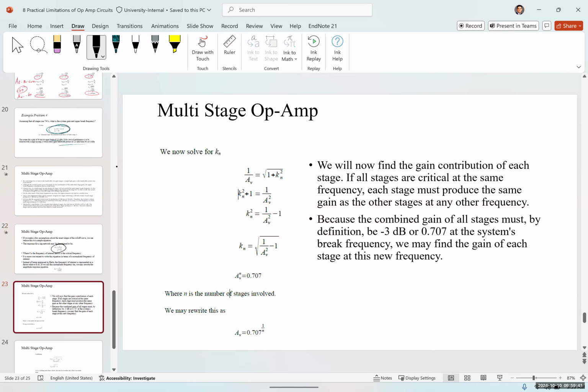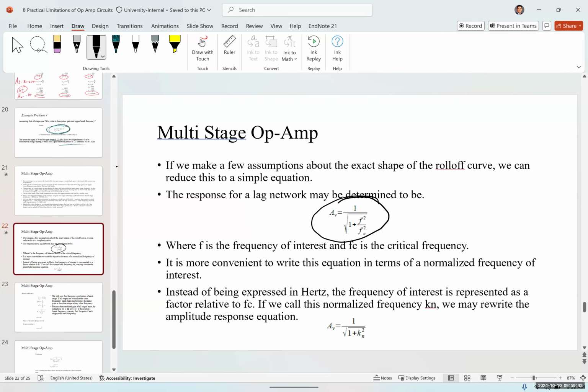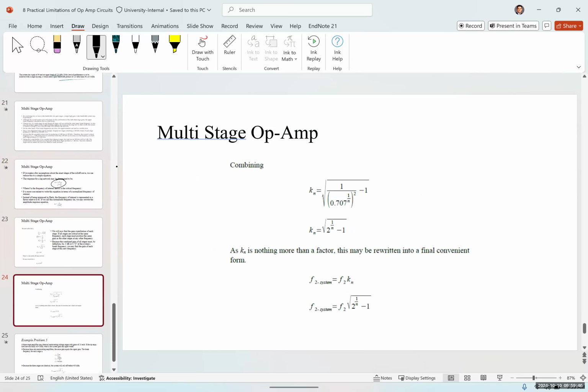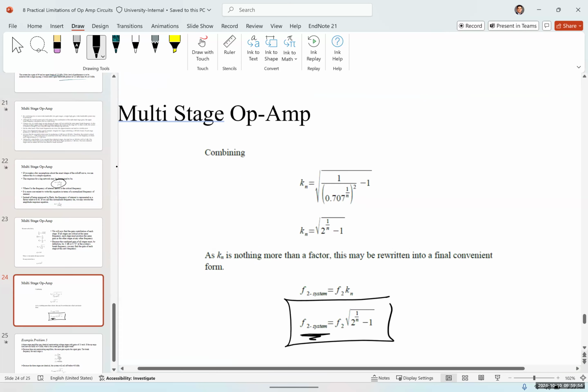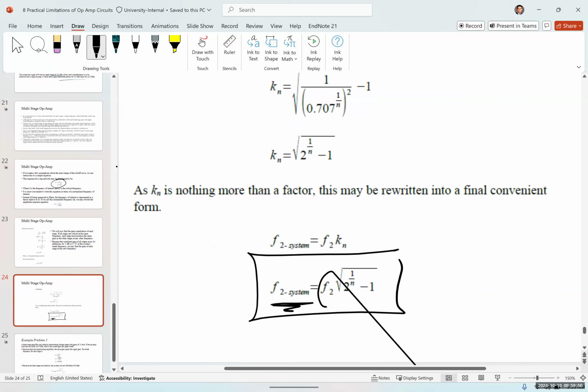And for this equation, let me show you the final equation that we have. For this system, the upper cutoff frequency of the system itself is going to be equal to F2, which is the upper cutoff frequency of one of the stages, which for that example was 250 kilohertz, times square root of 2 to the power of 1 over n, and n is the number of stages.